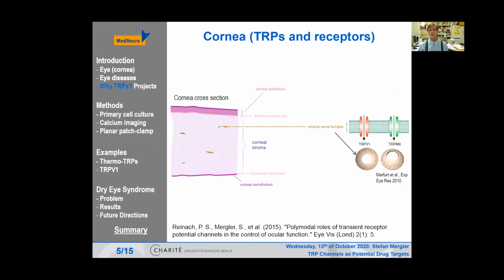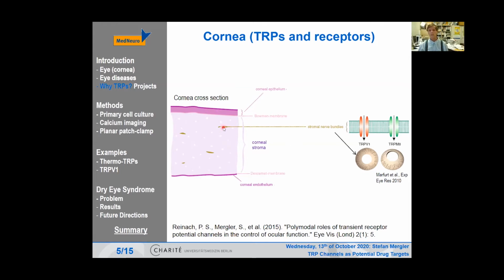There's no other tissue in the human body which has such a high receptor density. In other words, the cornea is very, very sensitive. The nerve fibers are in between: here the cornea endothelium, here the cornea epithelium, and in between is the stroma.